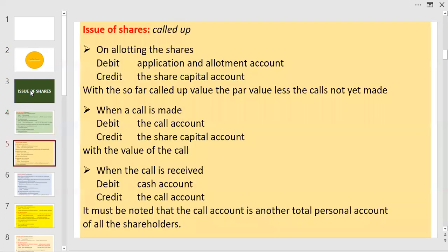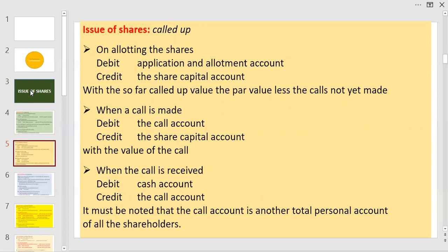Next, instead of calling the entirety of the subscription at the allotment, it can be deferred by first call, final call, etc., specifying different amounts per share.